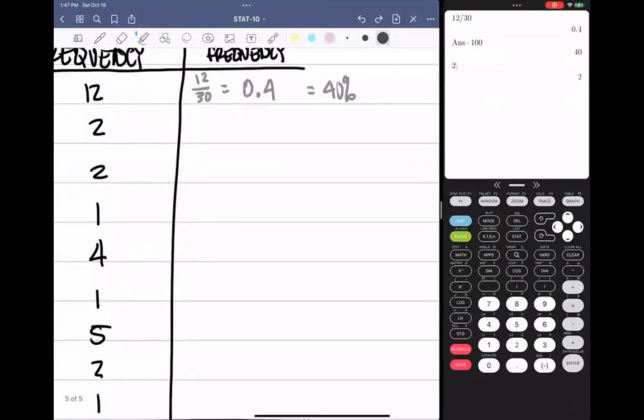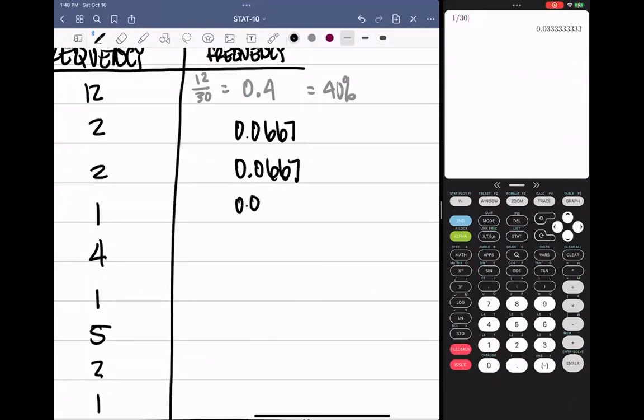So now let's look at the frequencies for the rest of these. So 2 divided by 30 gives us 0.0667. And since that one is also the exact same number, 0.0667. 1 divided by 30 is 0.0333.